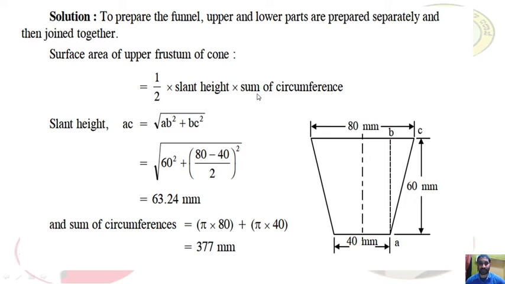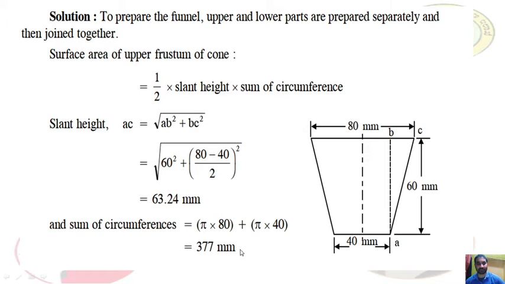Next we need to find the sum of the circumferences. The circumferences are those of the upper diameter of the cone and the lower diameter of the cone, so pi into 80 plus pi into 40, the addition of these two circumferences. We get 377 millimeter.